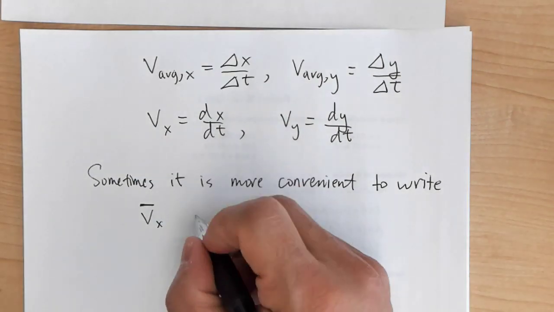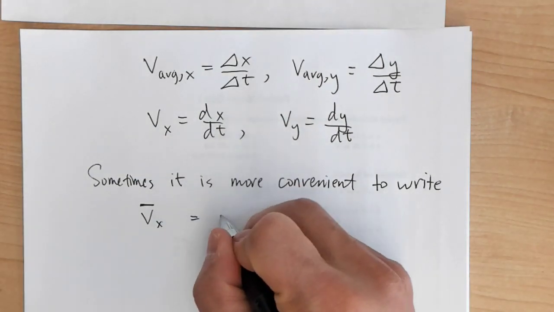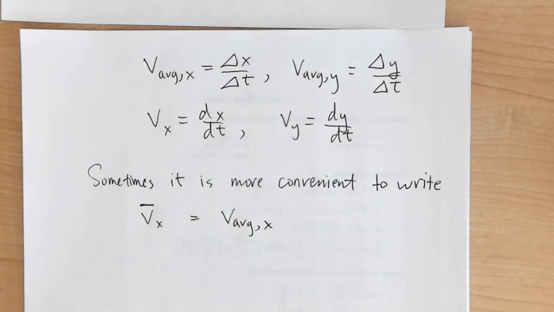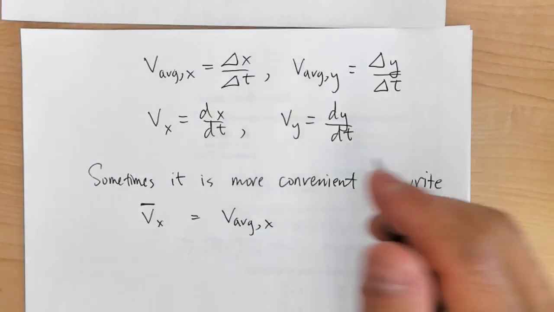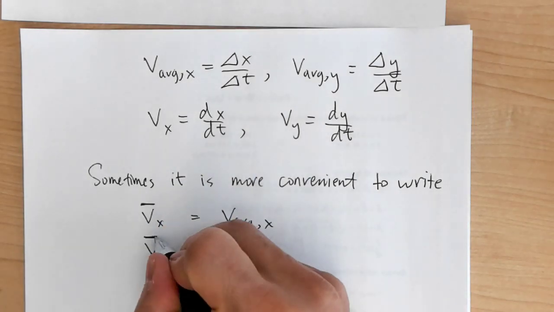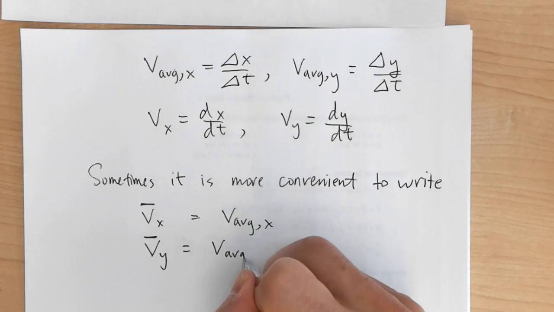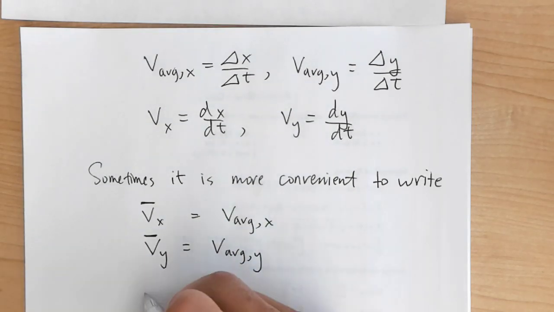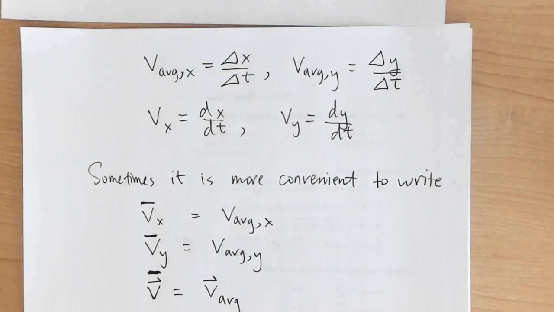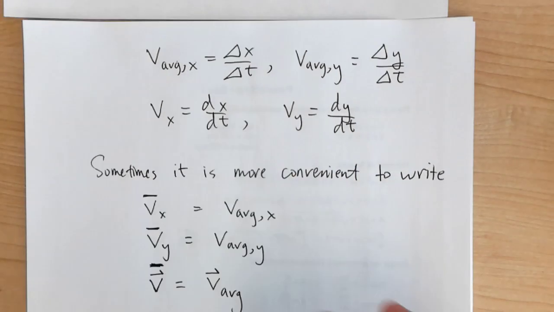Vx bar is defined as the average velocity x component. Vy bar is V average y. And if you want, we can have this kind of unusual notation where you put a bar over the vector, and that would be the average of the vector. It's just another way of writing averages.